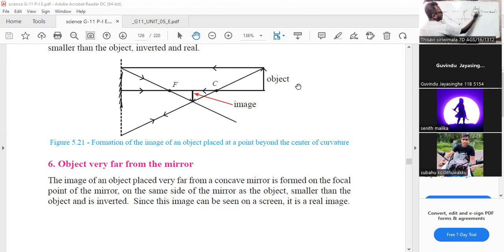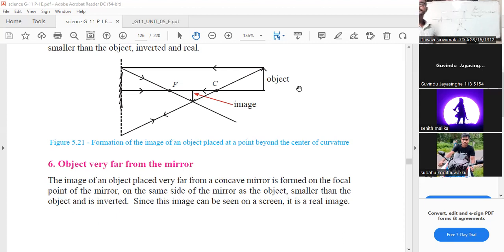Depending on the place where you keep the object, the location of the image also changes. So it doesn't matter. So I kept the object closer to C, so I got the image closer to C. If I take it away, then this will go into the other direction. That's what happened in the book.